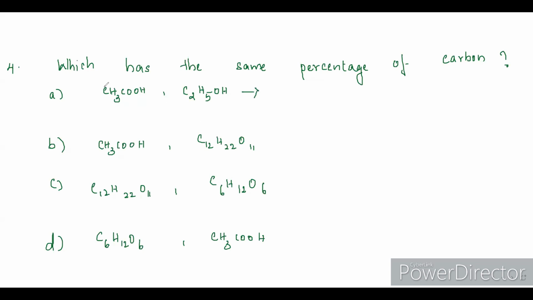Acetic acid has 2 carbons. So percentage will be 24 by the molecular mass of acetic acid, which is 60. So this is 24 by 60 into 100. And the other one is 24.